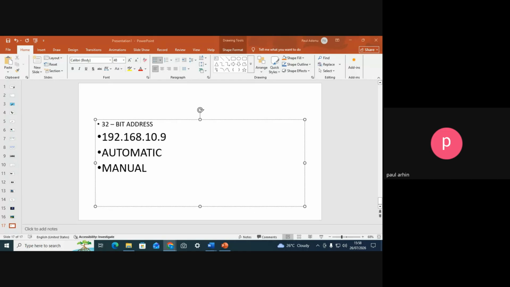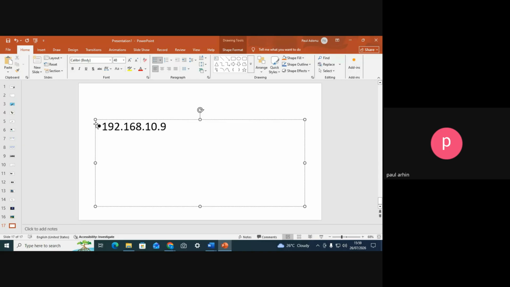Okay. Now, as was said by one of you, these IP addresses, whether automatic or manually assigned, they have a structure. Now, the structure has it that the IP address should be able to help you identify the network and the machine the network is part of. That's the basic thing here.